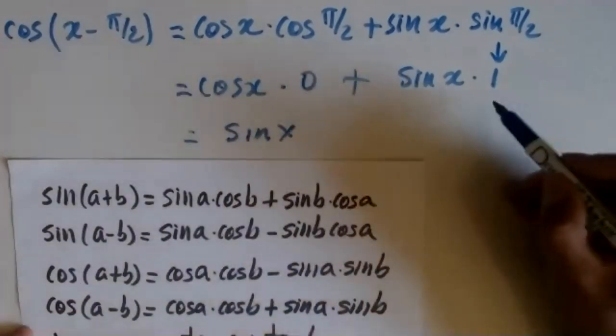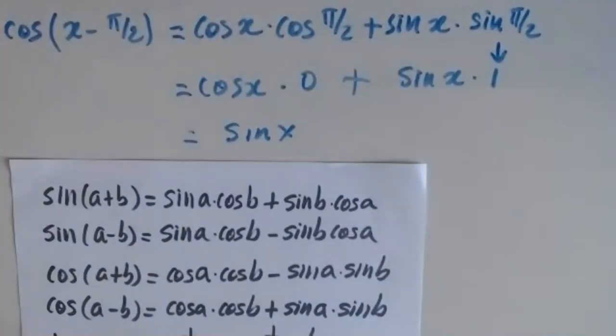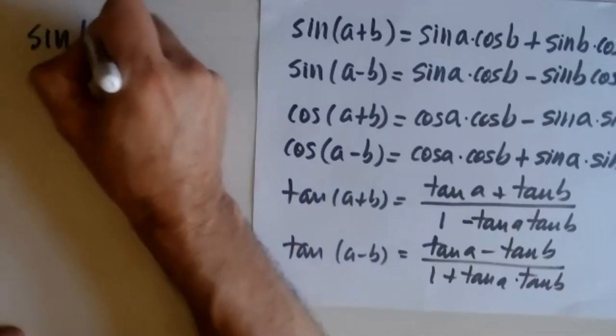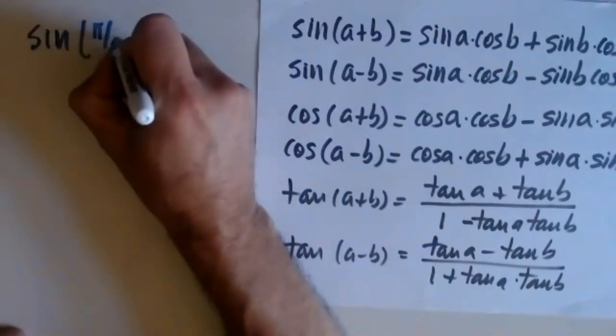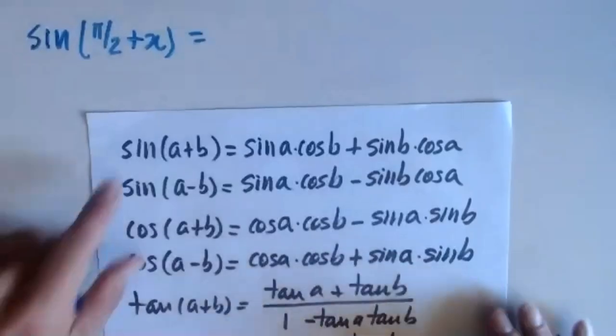Now what do you need next? The values at pi over 2 on the angles you have, correct? So this is the first one. If you have, for instance, the sine of pi over 2 plus x, well, this also can be simplified using the same formulas.